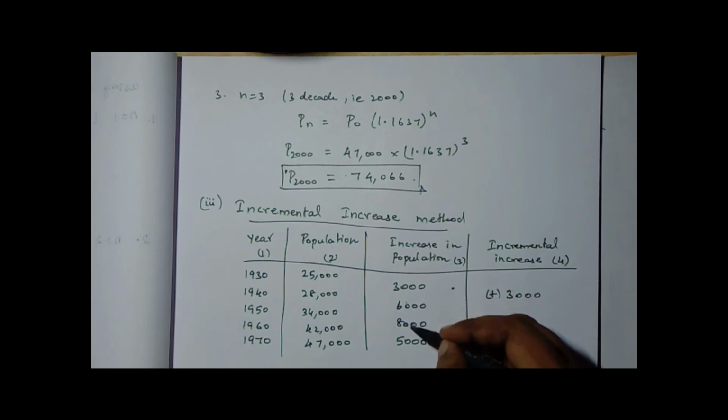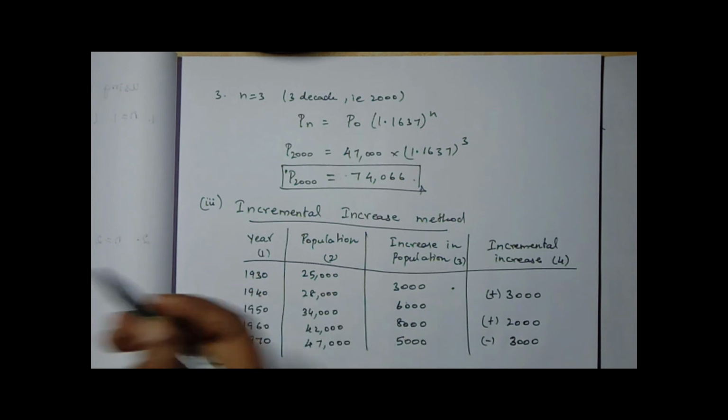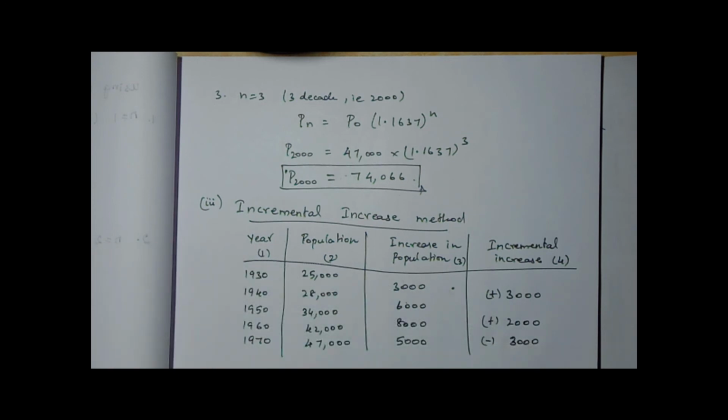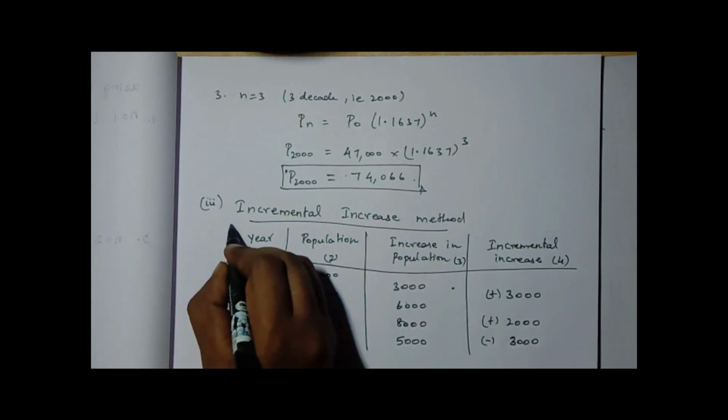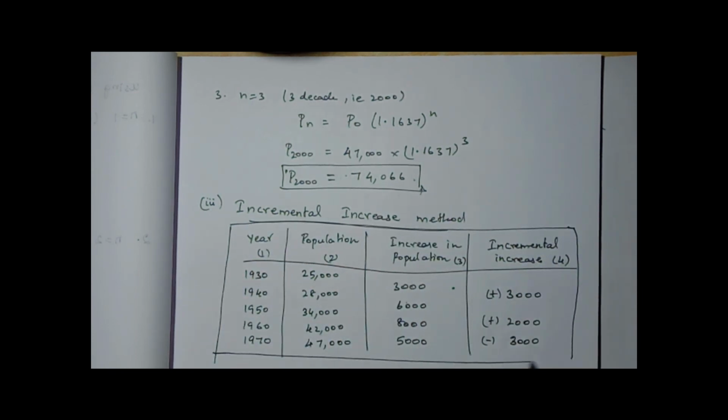Similarly, there is an increase from 6,000 to 8,000, which we can mention as plus 2,000. And there is a decrease from 8,000 to 5,000 from the decade 1960 to 1970, which we can put with a minus sign. The decrease is minus 3,000. So this is a small difference when we compare with the geometric method as well as the arithmetic method. This is the tabular column which is very important to find the incremental increase.